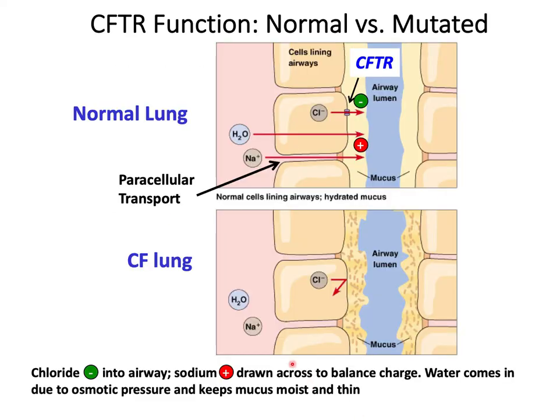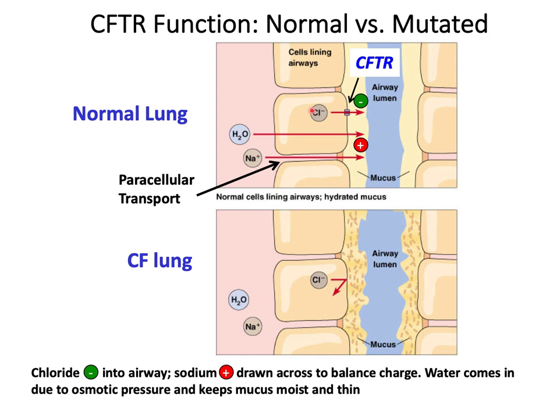So this is how the CFTR works in a normal lung and in a CF lung. Here are the epithelial cells that line the airway of the lungs, and these produce and secrete a mucus that ends up in the lumen of the airway. In a normal situation, chloride is channeled into the lumen through the CFTR protein. Now there is a net negative charge in this mucus that has been secreted by these cells.